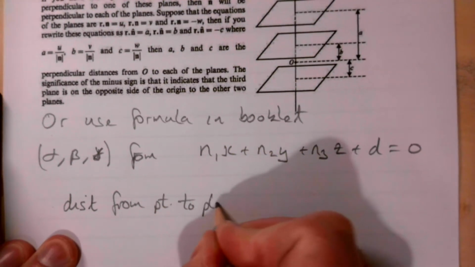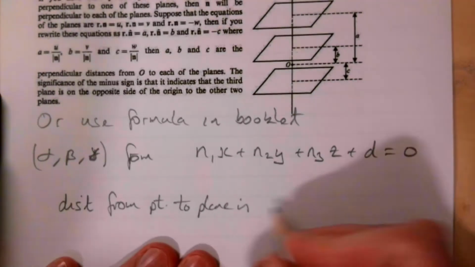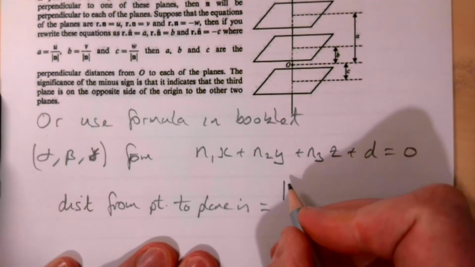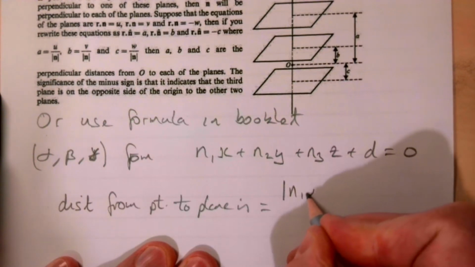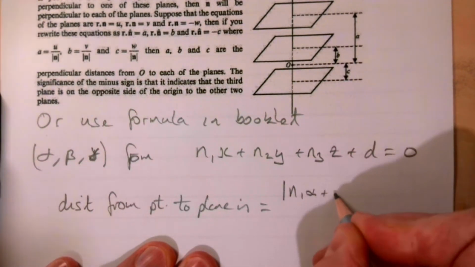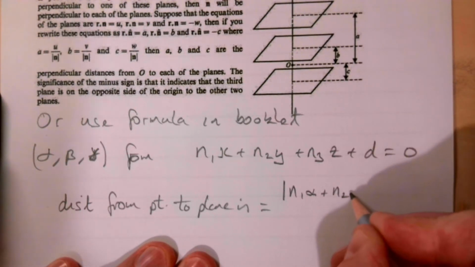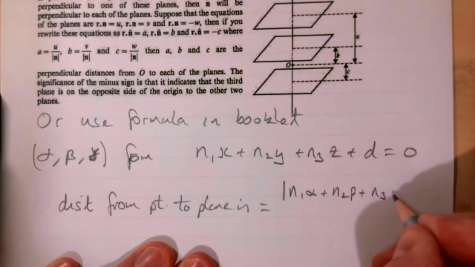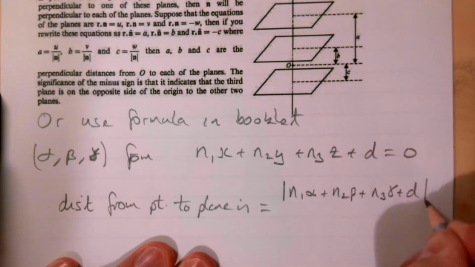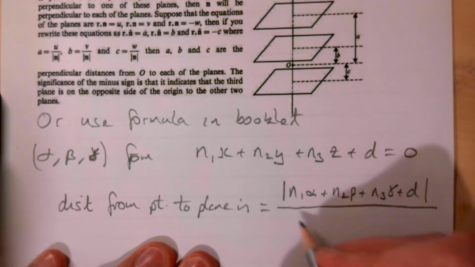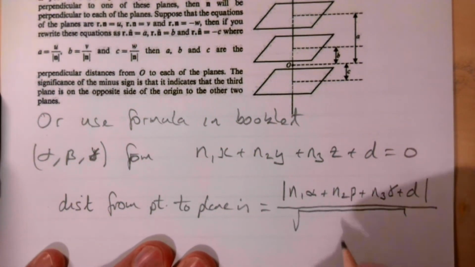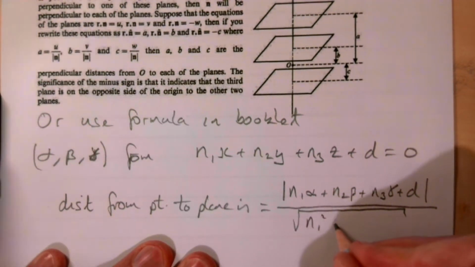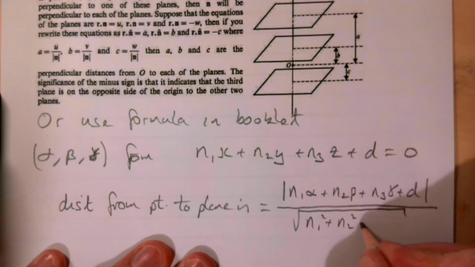The distance from the point to the plane is equal to the modulus of n1 alpha plus n2 beta plus n3 gamma plus d, all over the square root of n1 squared plus n2 squared plus n3 squared.